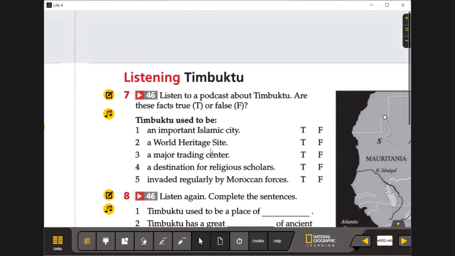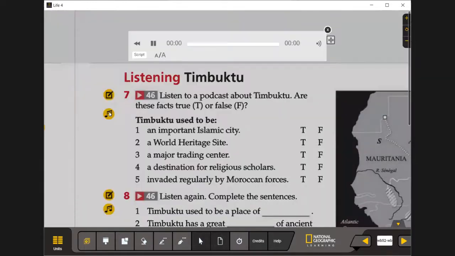World Heritage Site by UNESCO. UNESCO usually assigns those World Heritage. What do they call them in Spanish? Patrimonio de la Humanidad. Yeah, patrimonio, and an important Islamic city. Okay, here we go. Timbuktu.